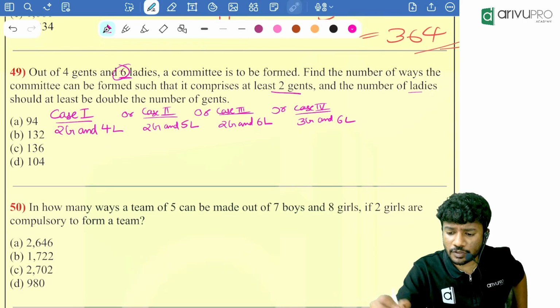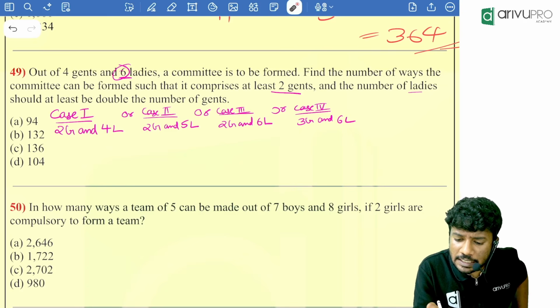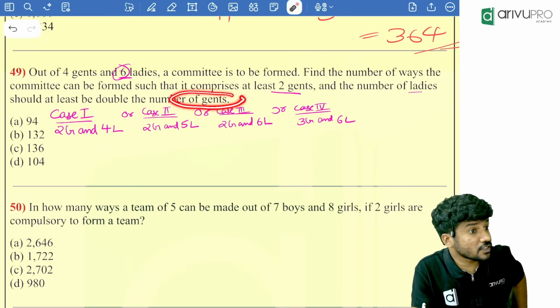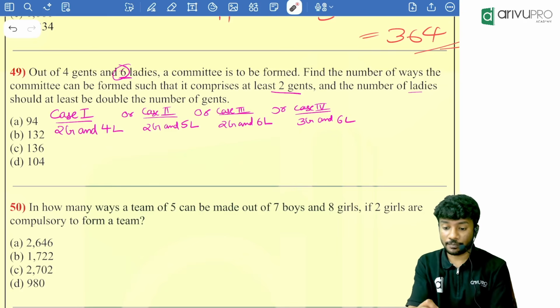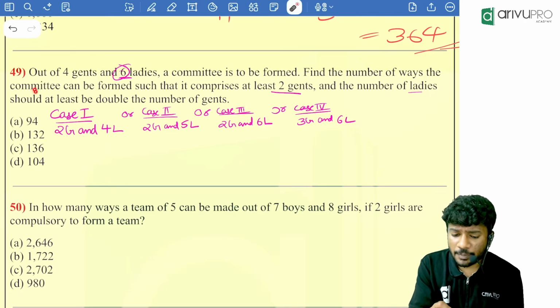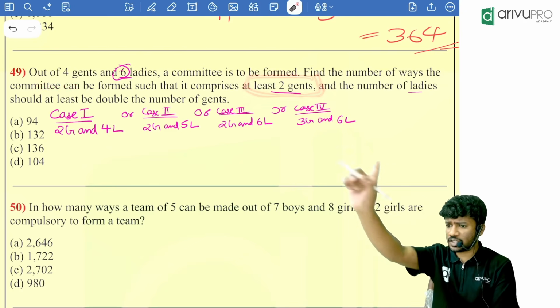So, what is the case over here? There should be at least double the number of gents is the condition for the girls or ladies over here. What is the committee's condition? At least 2 gents should be there. That is the first condition.